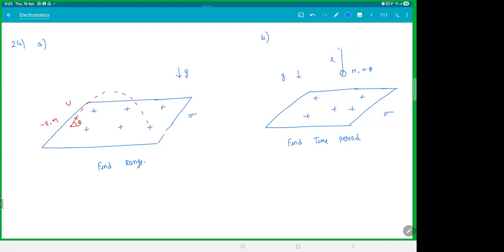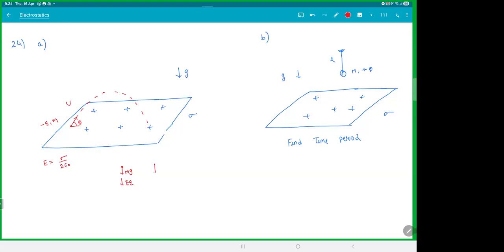If you say like that, they will simply say it is just connected to this point here. Then what will happen? It will be like this. It will oscillate here, na? You can just put a mod. You can play around if you want. But anyway, it's pretty straightforward. So what are the forces on the particle here? So in this scenario, the particle will experience mg, the particle will experience force EQ, and E is nothing but sigma by 2 epsilon.